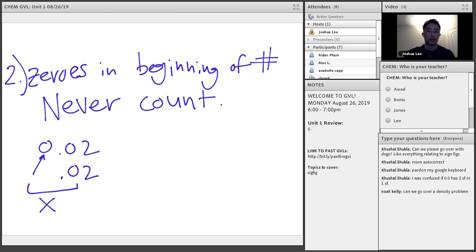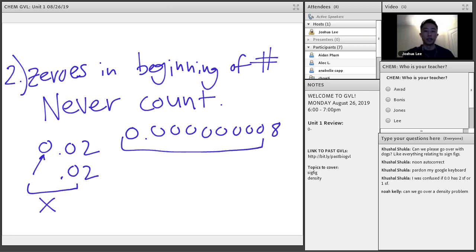So something like 0.000000008. All these zeros don't count, but this 8 will count right there. And notice that it doesn't matter if it's before or after the decimal.